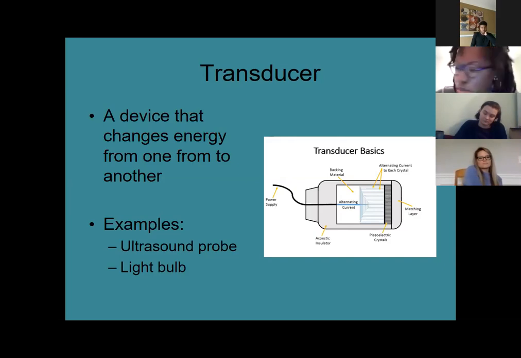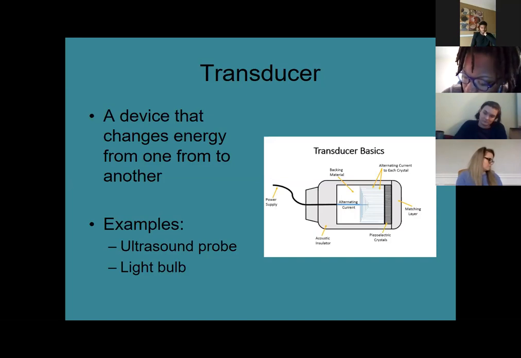A light bulb converts electrical energy to electromagnetic energy in the form of visible light. So it too is a transducer. An X-ray tube converts electrical energy into electromagnetic energy.